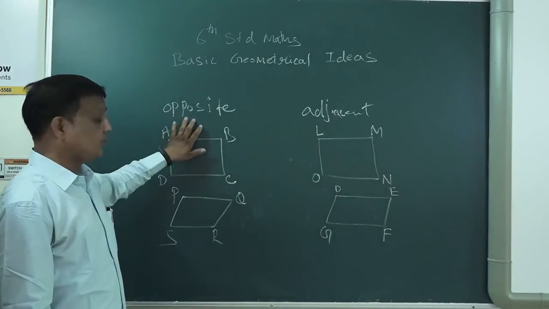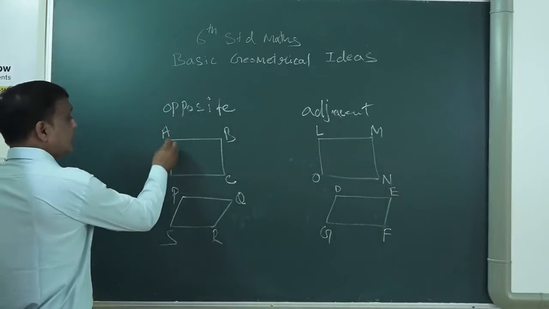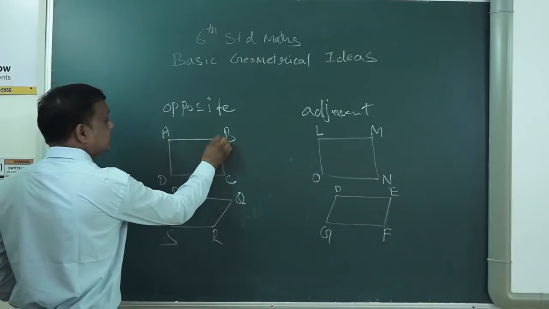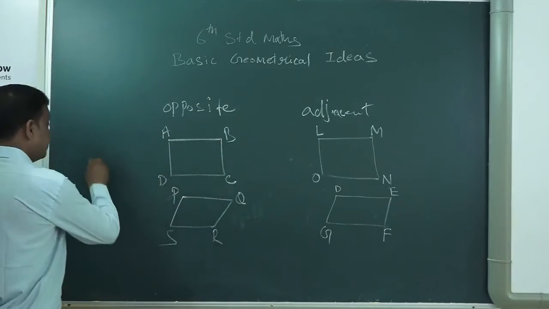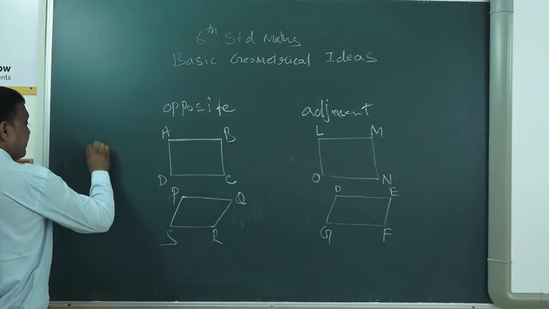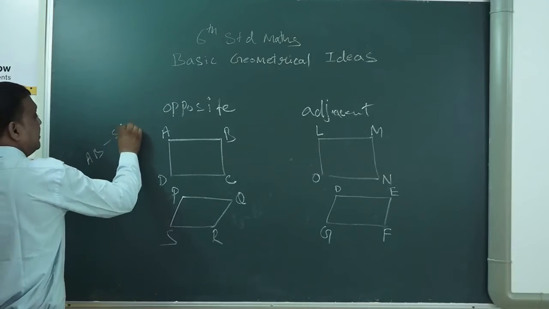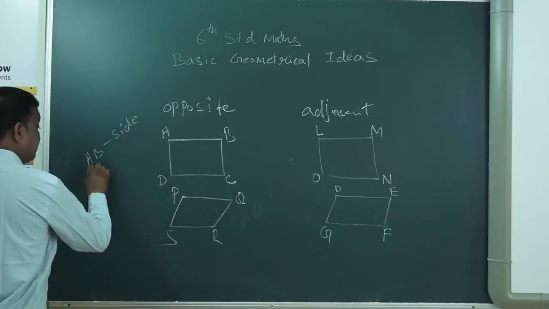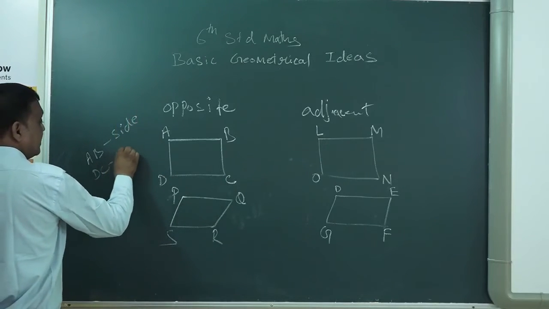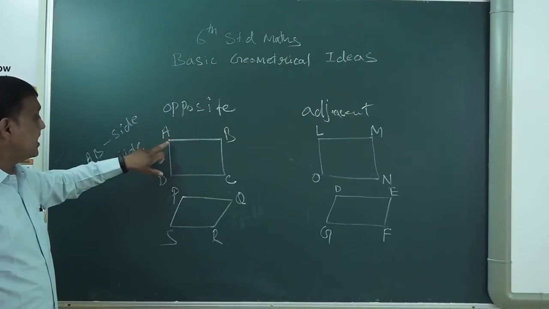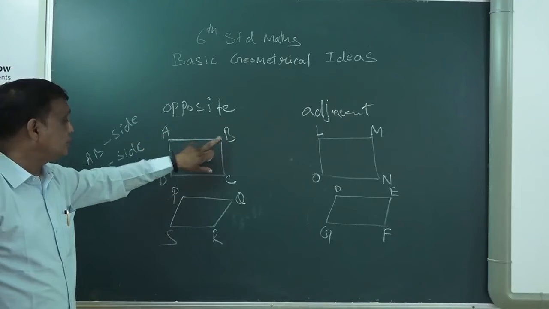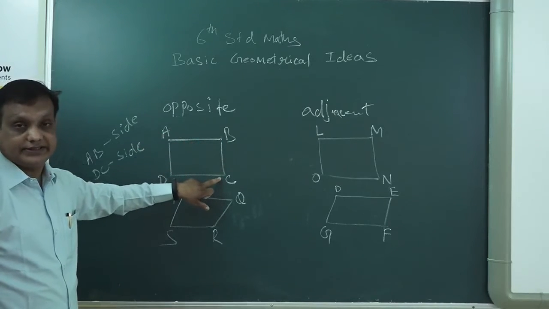Now in opposite, what is opposite? This, what is this AB? AB is a line segment, or you can say a side. AB is the side of the square, and DC is also a side of the square. Okay, so which are the opposite sides? AB is opposite to DC.